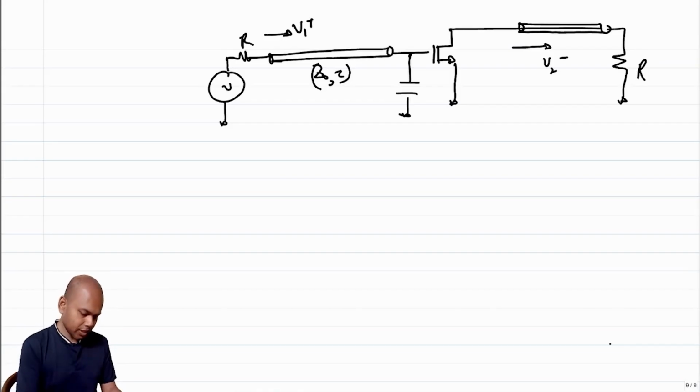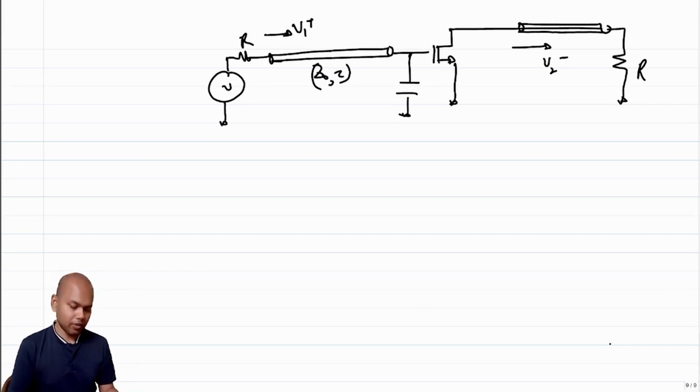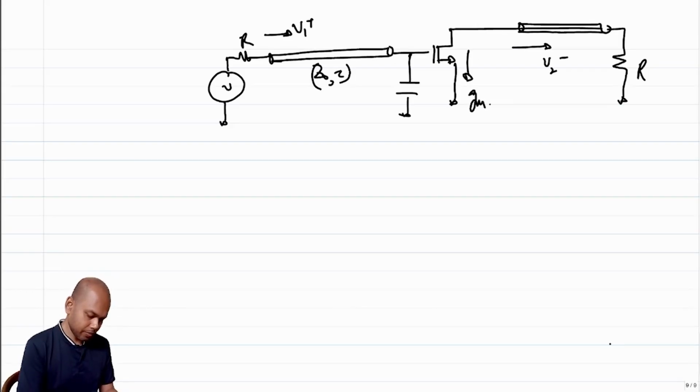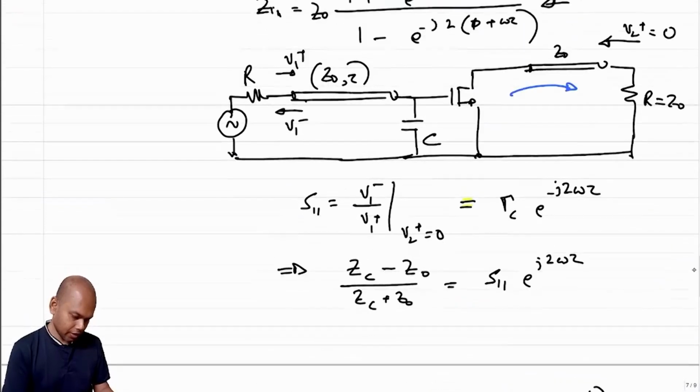If I have to find out this V2 minus, I will essentially need to find out the current that is coming out of this transistor, and I know that this current is GM times VGS, where VGS is the total VGS, right? For this I need to find out the total voltage across the capacitor. So what is the total voltage across the capacitor? That we have already found out in our previous analysis.